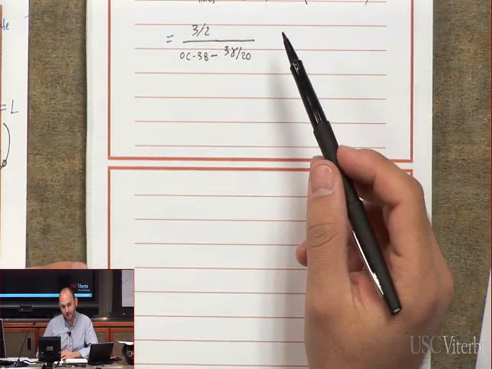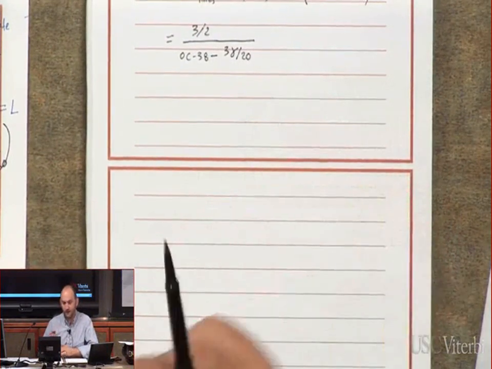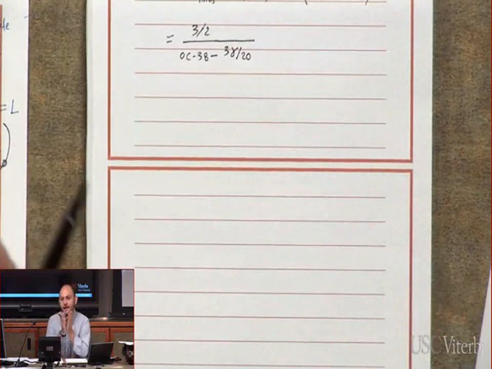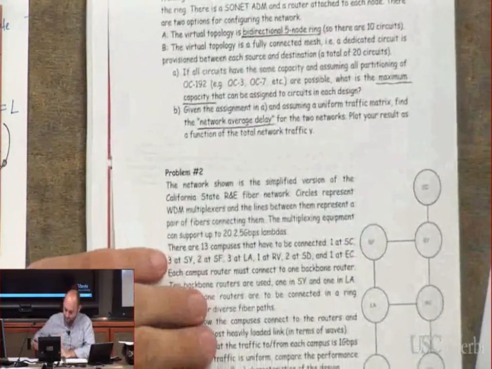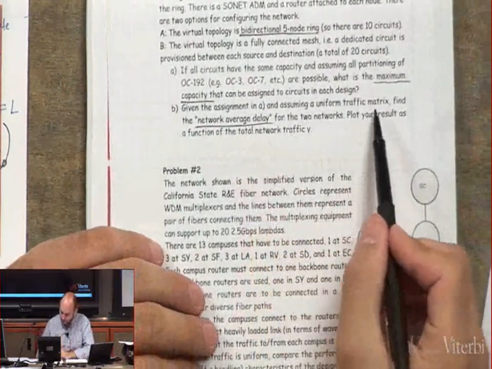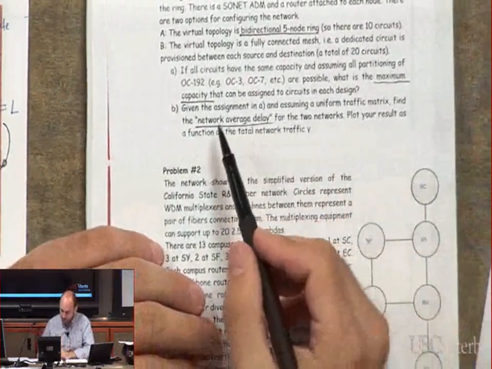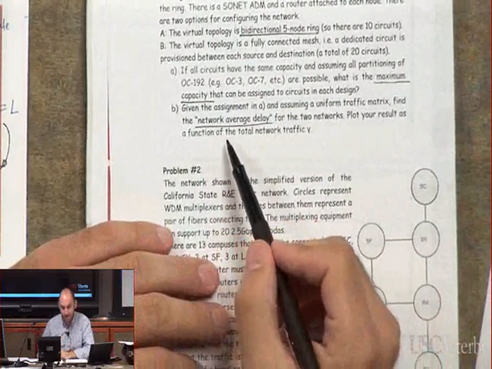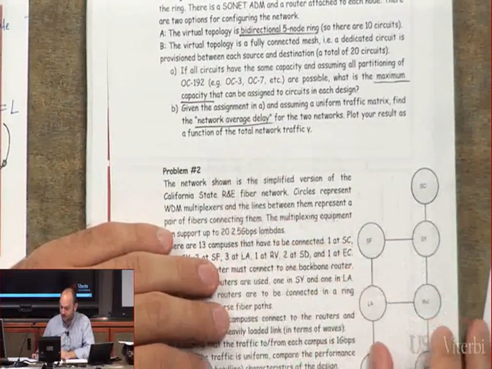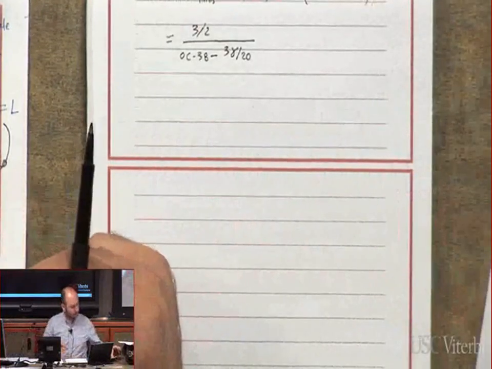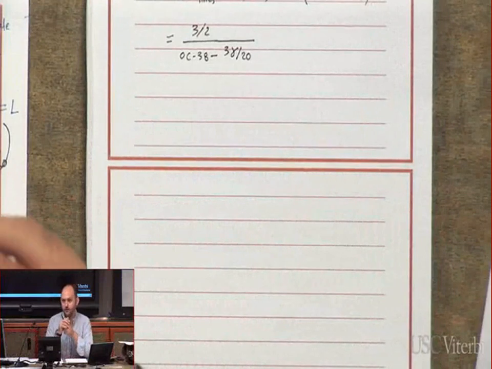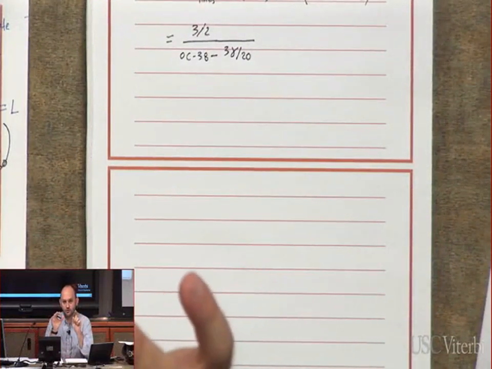Did you understand what we did over here? We calculated, we want to see the delay in the system. The question asks for, assuming uniform traffic matrix, find the network average delay for the two networks. We should think about this as being a network of systems or of queues.